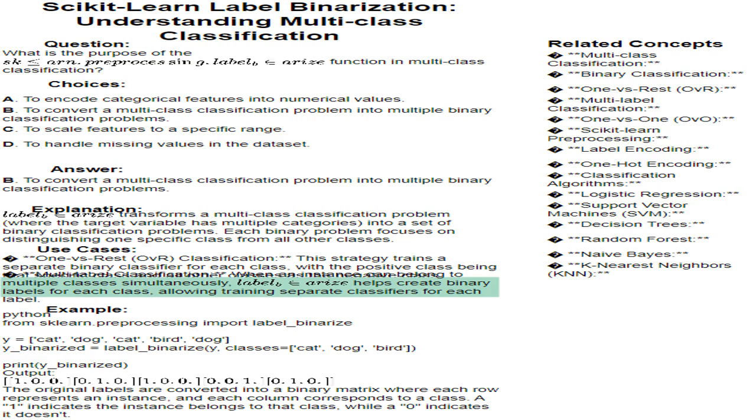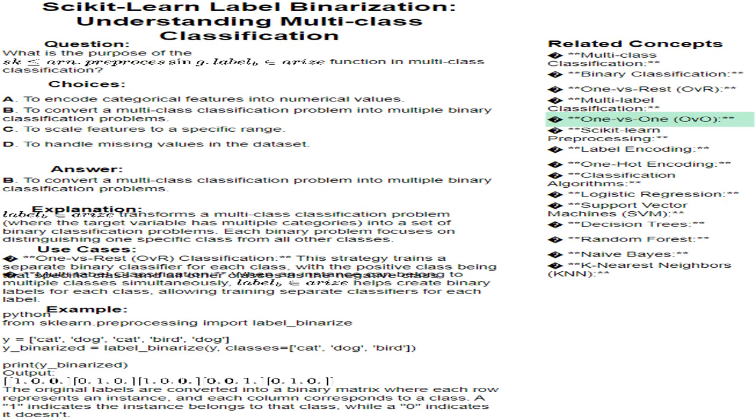Multi-label classification: a classification problem where an instance can belong to multiple classes simultaneously. For example, a movie could be labeled as action, comedy, and romance. One-vs-one, OvO: another multi-class classification strategy where you train a binary classifier for each pair of classes.